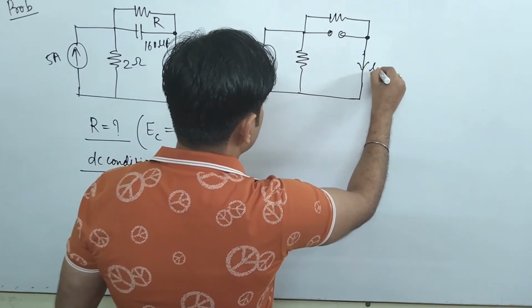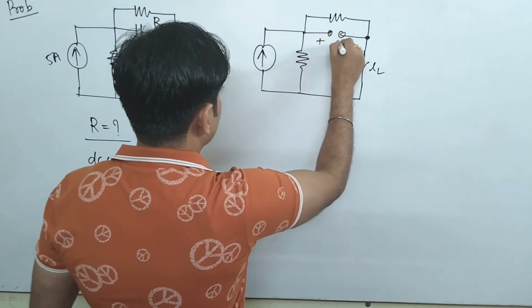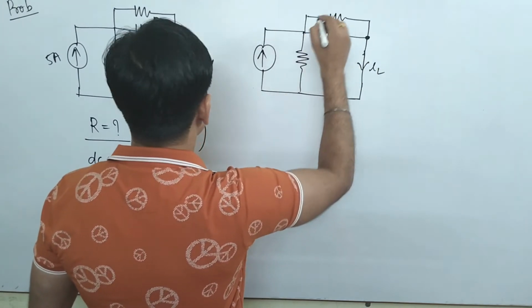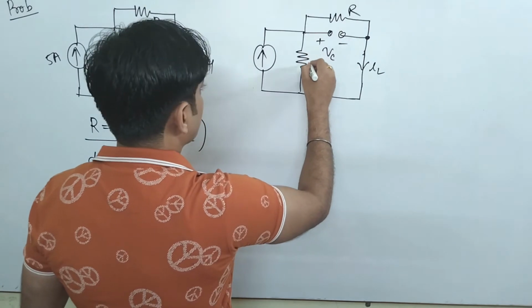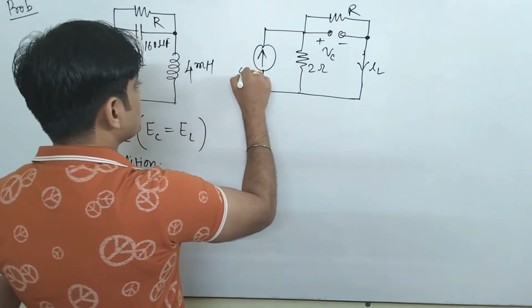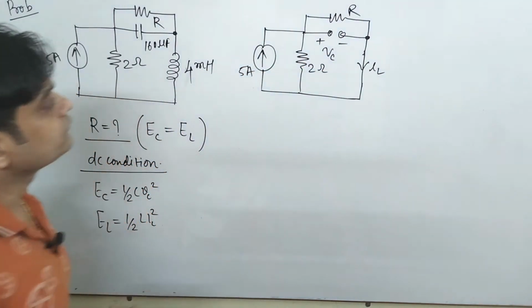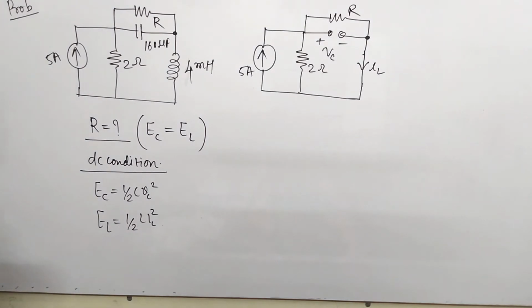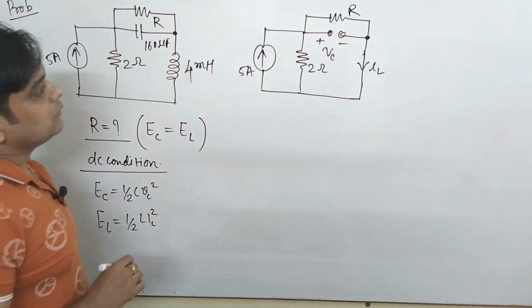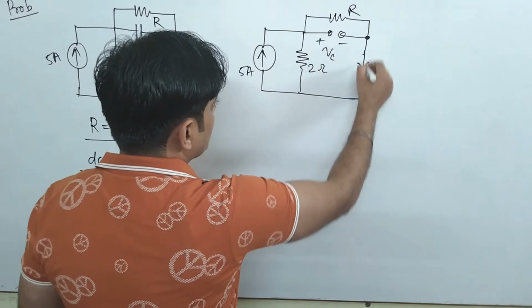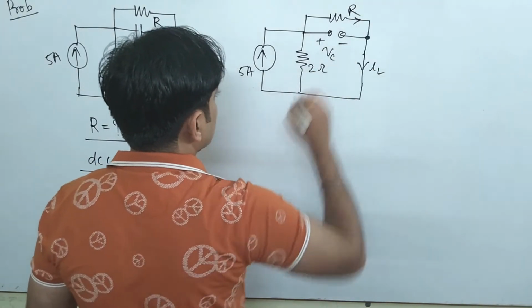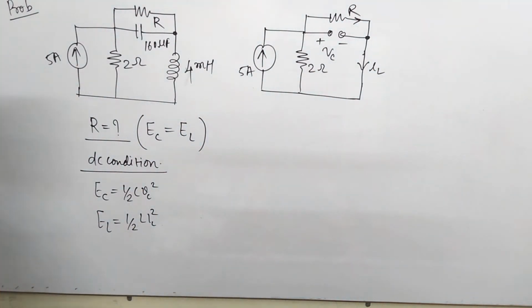So here I can call the current IL and this voltage VC. This is your resistor R, which is 2 ohm, and this is 5 ampere. If this is your IL, the current flowing here, then this current is also IL.